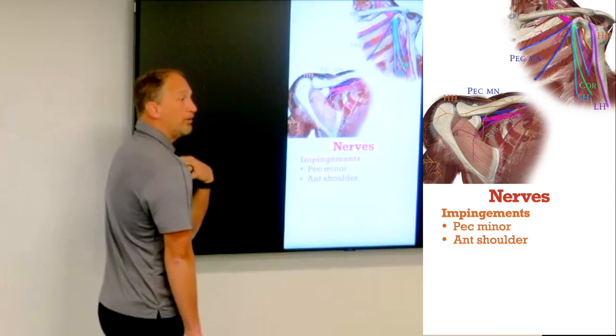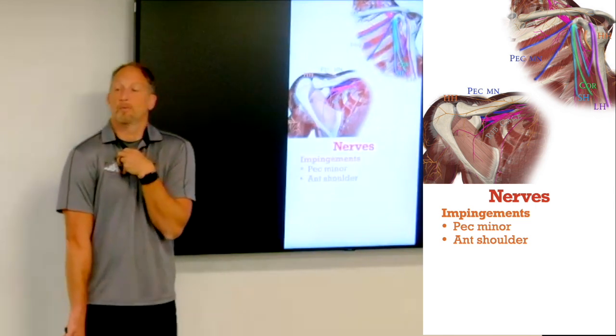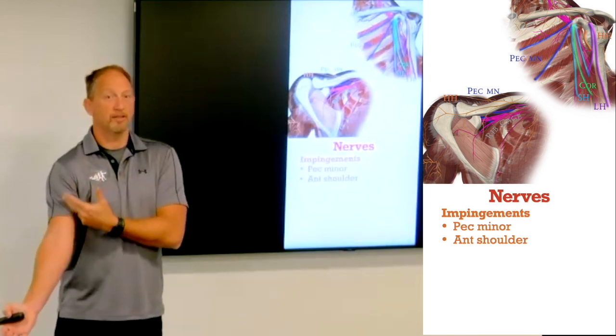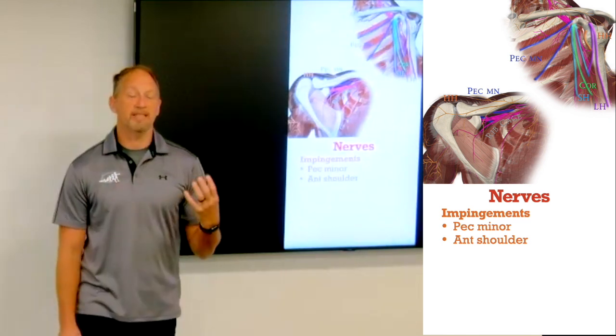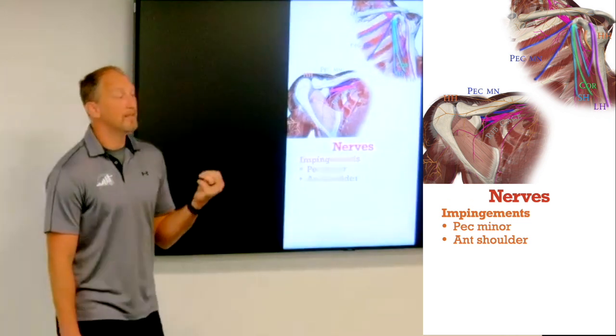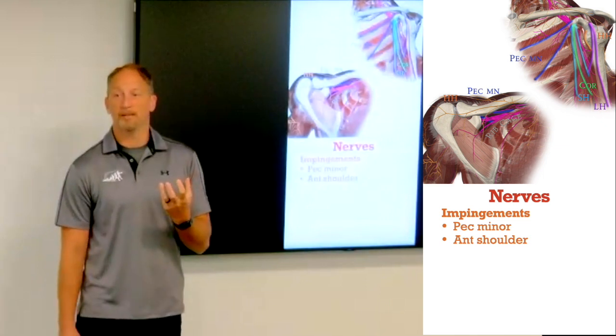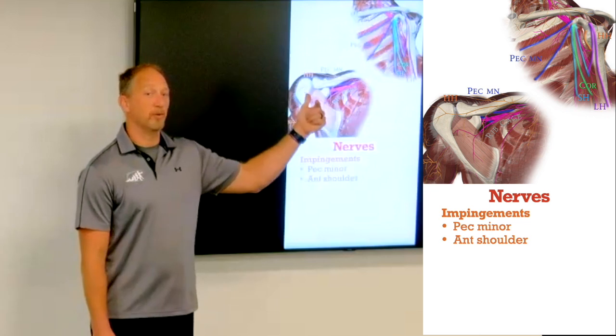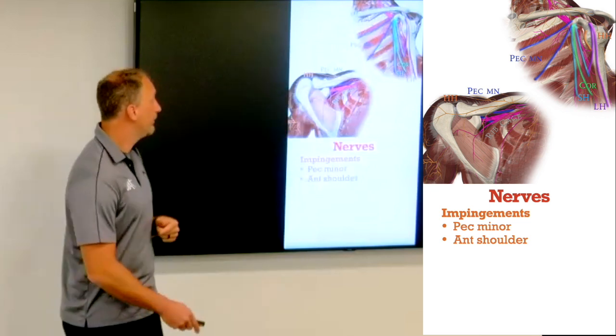So when we see that person with rounded shoulders, there's a good likelihood that there's some kind of neural involvement, even if they're not to the point that they're developing the numbness and the type sensations out in their hand. We have to keep that in the back of our mind as something that has a chance of developing.